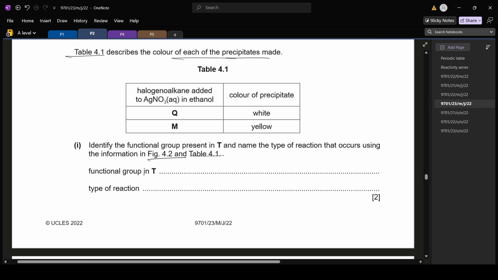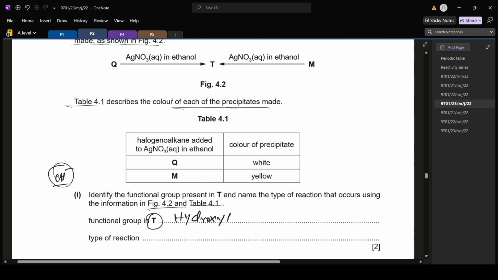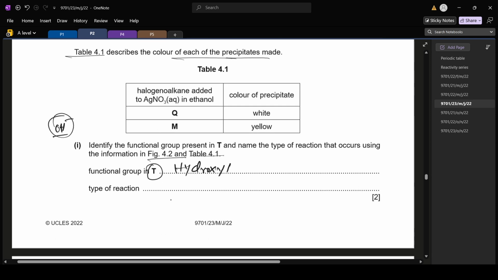And what will be the functional group present here? It will be a hydroxyl group. Hydroxyl means OH group. This OH group will be formed when the silver nitrate is added in ethanol. So what is the type of reaction? This is the substitution reaction.